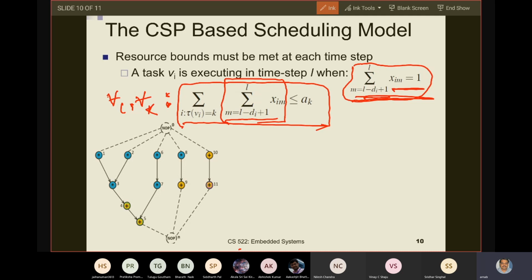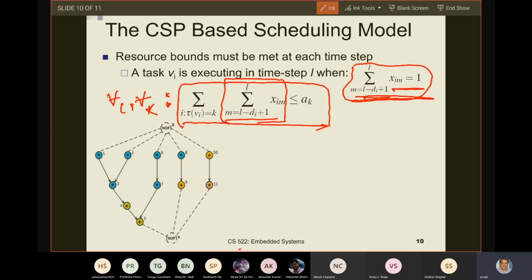Now, in the second summation of the LHS, it can be true for any task. But which tasks are valid? That is being given by the first summation: those tasks that will execute on the kth type of processor. Only for those tasks, I will consider those i's.